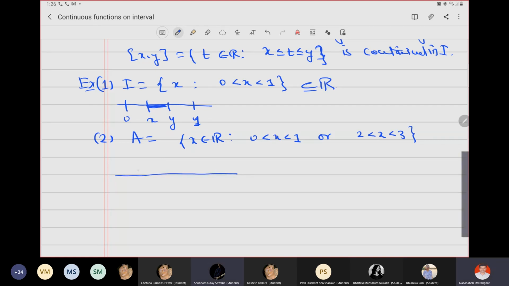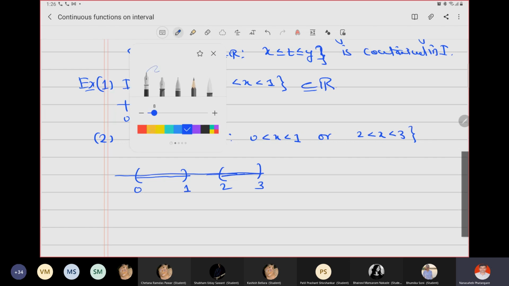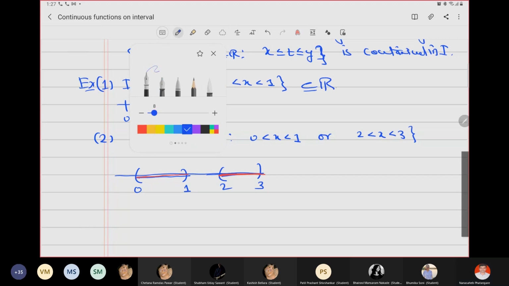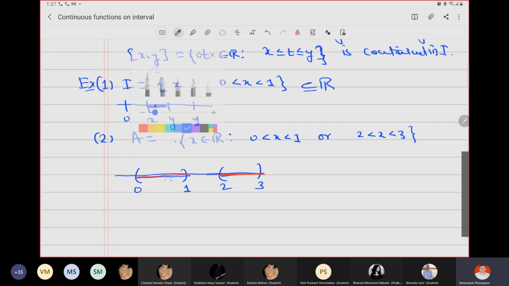So what my set says is, all x lie between 0 and 1, or all those x lie between 2 and 3. Therefore my set here is the set of points from 0 to 1 and 2 to 3. The part in between, 1 and 2, is not included in my set. So this is not an interval.